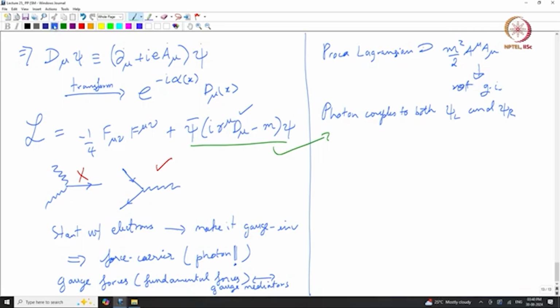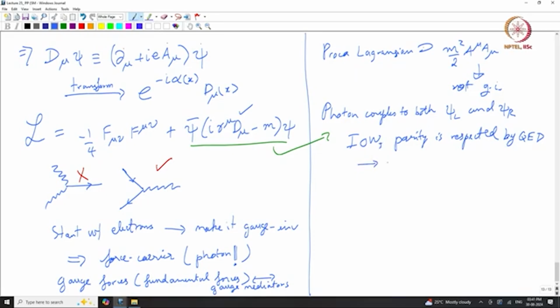So, put differently, in other words, parity is respected, okay, by QED, just as we expect. This is exactly why electromagnetism respects parity in the form that we have, correct, without magnetic monopoles and stuff like that, right.